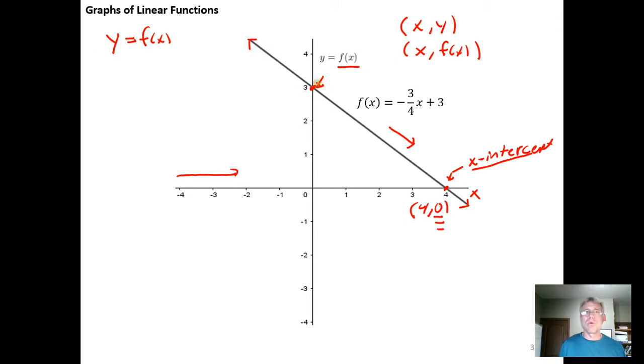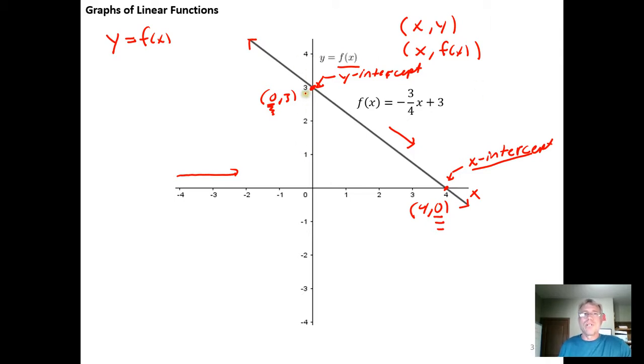This point right here where we cross the y or f of x axis is the f of x intercept or the y-intercept of our function. And it has the ordered pair input 0, the output is 3, and a hallmark of a y-intercept or f of x-intercept is that the x-coordinate will always be 0 as you cross the vertical or output axis.